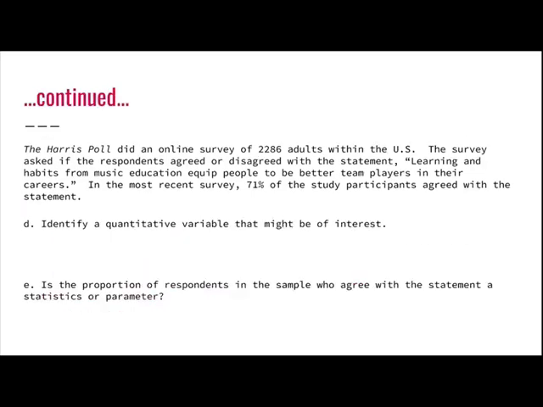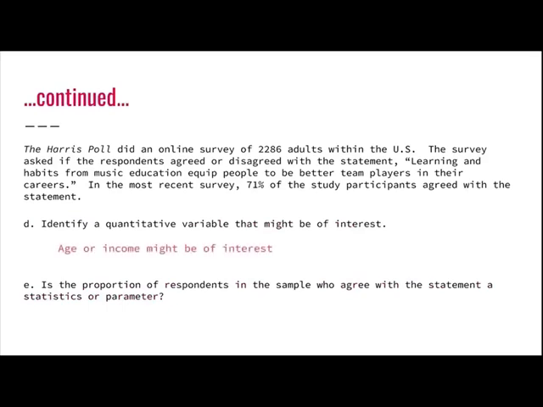Next, what could be a quantitative variable that might be of interest? If they're surveying these adults, what would make these adults respond differently? That could be a quantitative variable. Remember, that type of variable is something that you can measure with a number.